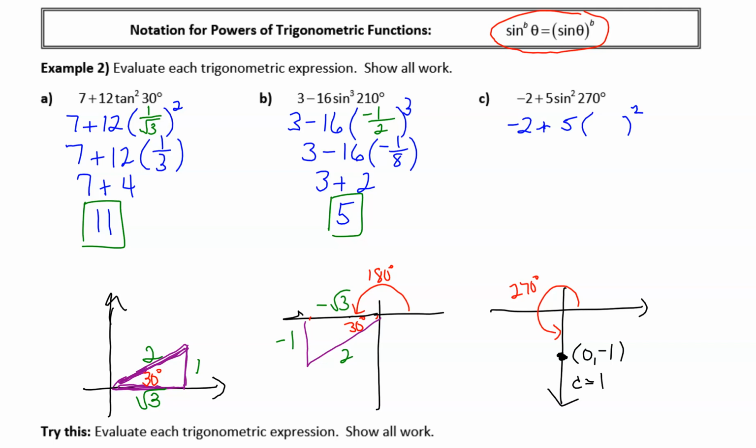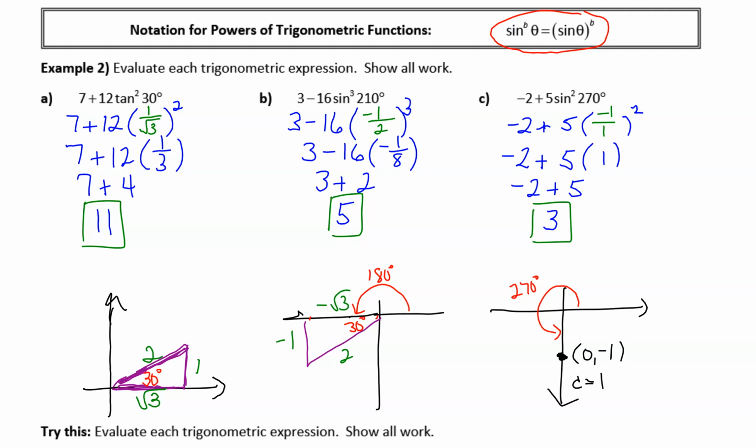For quadrantal angles, the c value, or hypotenuse, is the absolute value of the non-zero coordinate. Sine of 270 is opposite over hypotenuse, which is just -1. Squaring, then multiplying, and finally adding brings us to the value of the expression.